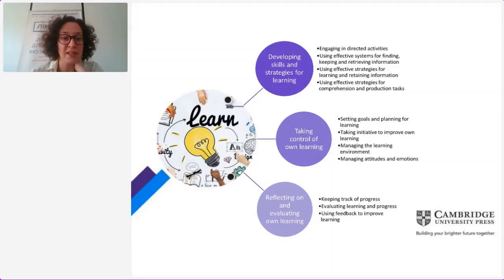We will look at the structure of this competency. Learning to learn competency consists of 3 core areas: developing skills and strategies for learning, taking control of own learning, and reflecting on and evaluating own learning. Engaging in directed activities and so on, written in small letters. I guess they're shown small on your screen.